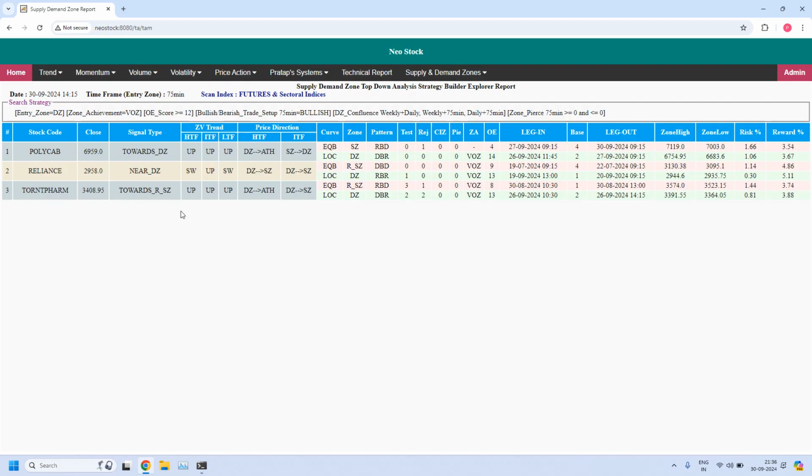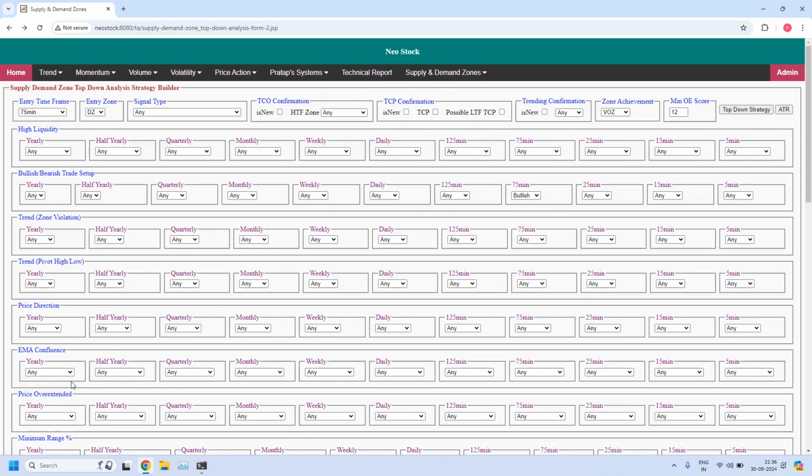Now let's verify any of these zones are having a weekly EMA confluence, because the 2 stocks are having uptrend. We can look for high probability in case if it supports. So in the EMA confluence weekly time frame, I am verifying a weekly demand zone with weekly EMA, because entry time frame 75 minute zone is part of daily, both together again part of the weekly.